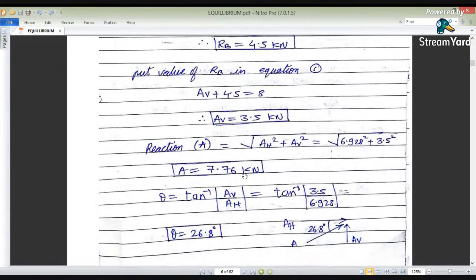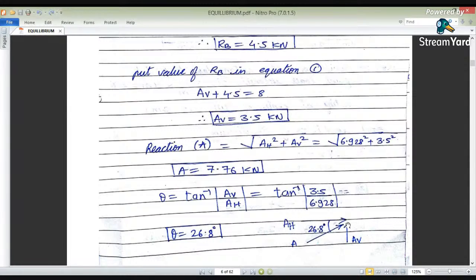What about the angle made by the resultant reaction at A, that is 7.76? Vertical upon horizontal is nothing but the slope, which is tan theta. Theta is equal to tan inverse of vertical upon horizontal. It comes to be 26.8.